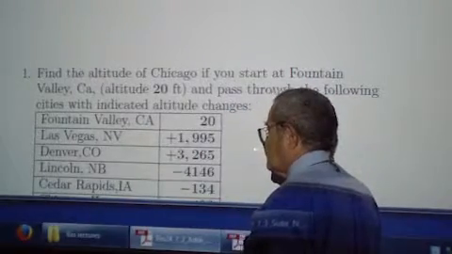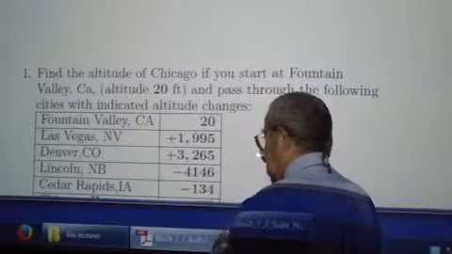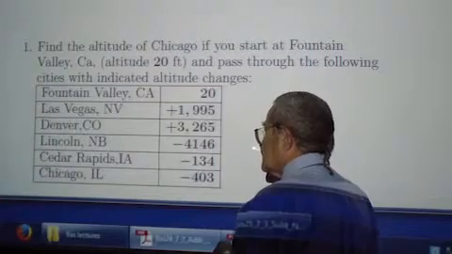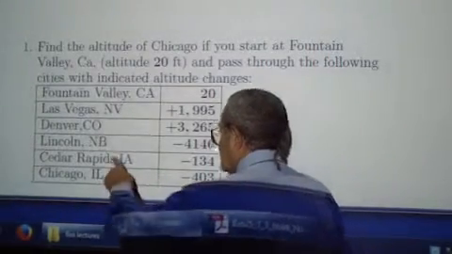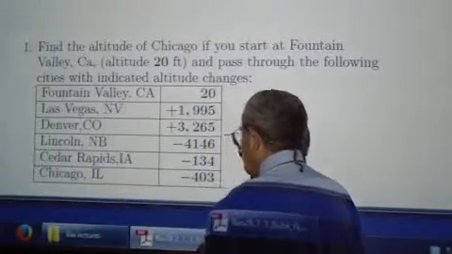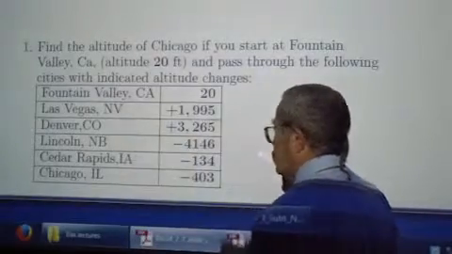And you go from Lincoln to Cedar Rapids in Iowa. You go down another 134 feet. And finally, you take negative 403 feet to go from Cedar Rapids, Iowa to Chicago. So if you add all these numbers, you should get the elevation of Chicago.